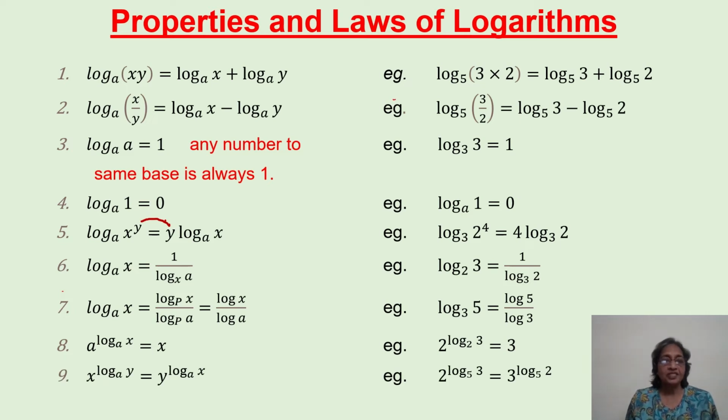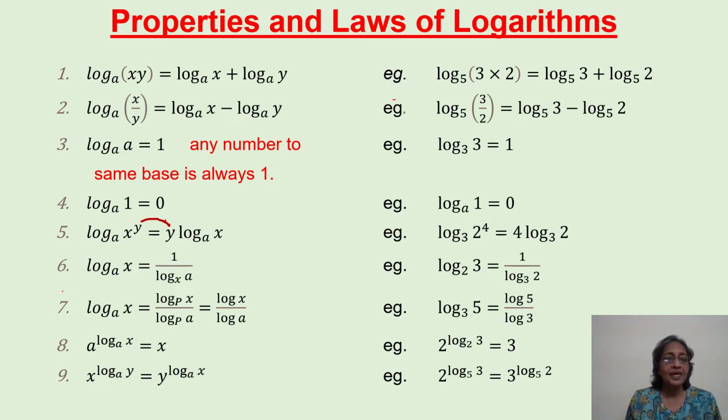The last property, it's like the 8th one, except that the index number log y to the base a and the base over here x, they are different. In the previous one, both were the same. Now in this case, what happens? Simply the y and the x change their positions.